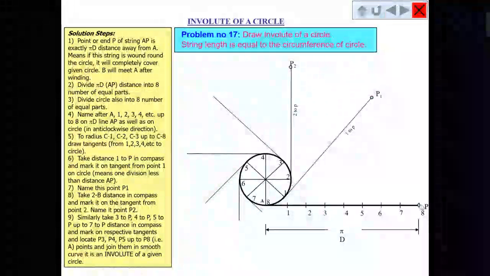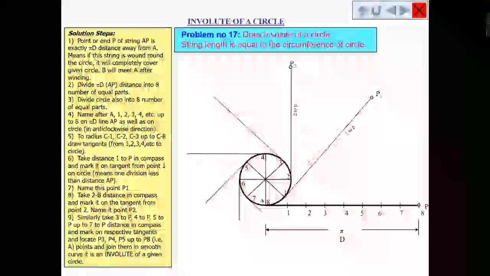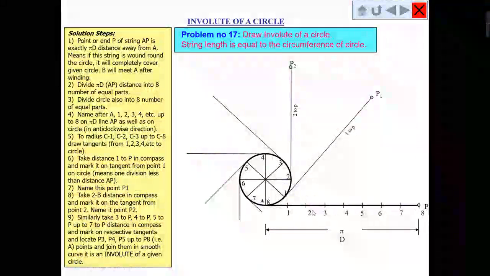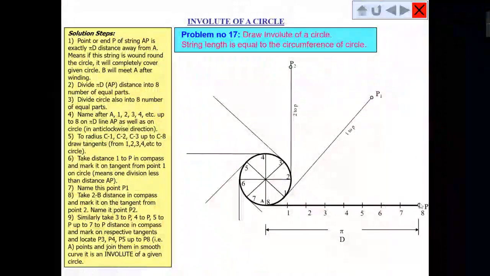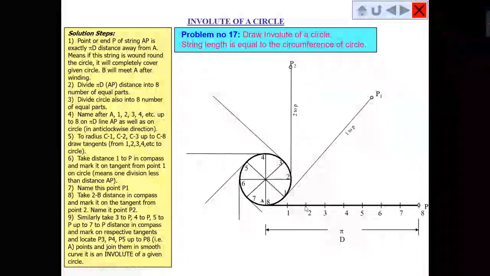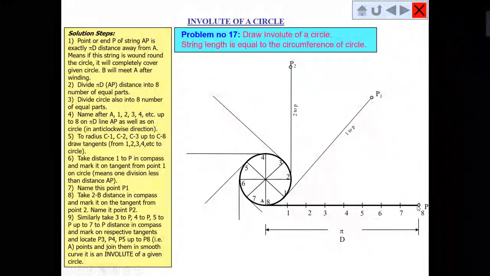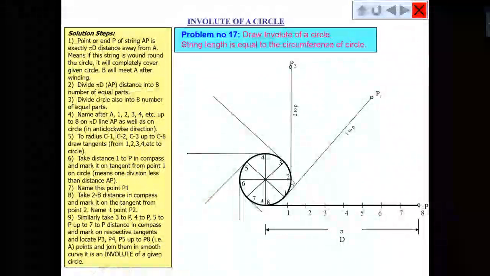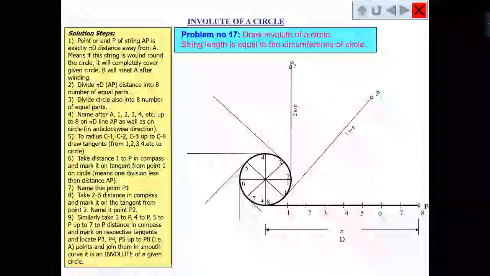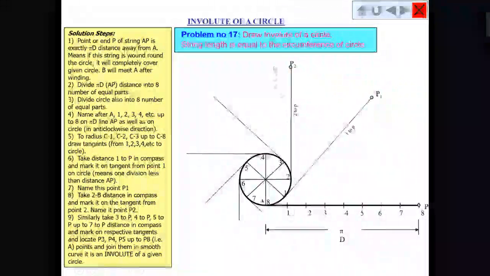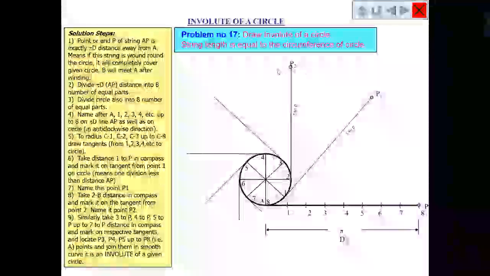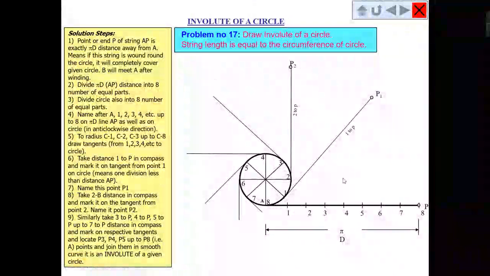Then the remaining length will be nothing but 2 to P. You can again take the rounder, take this distance, put the rounder on point 2 on the circle, and mark the point P2 having a length of 2 to P.